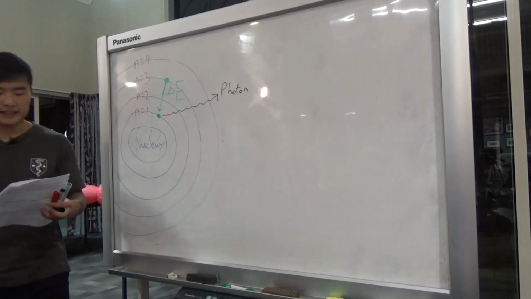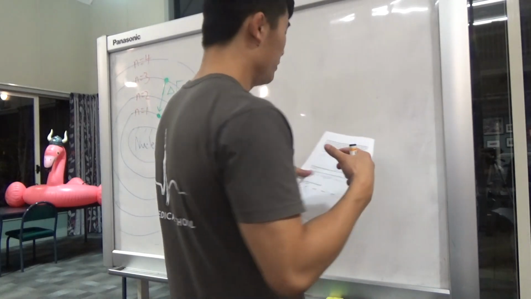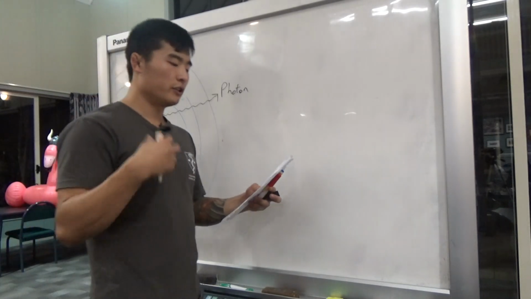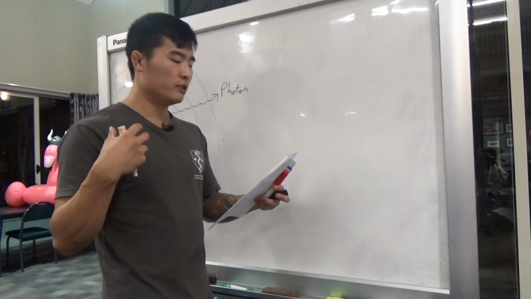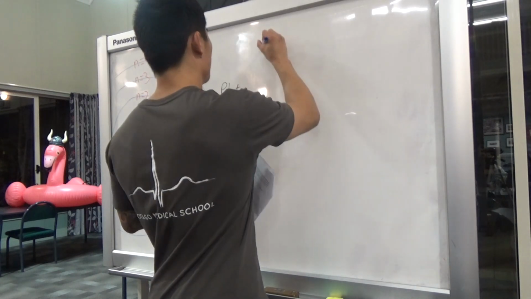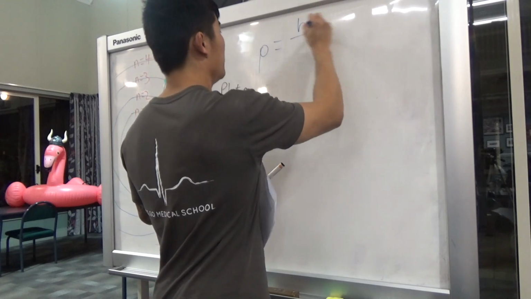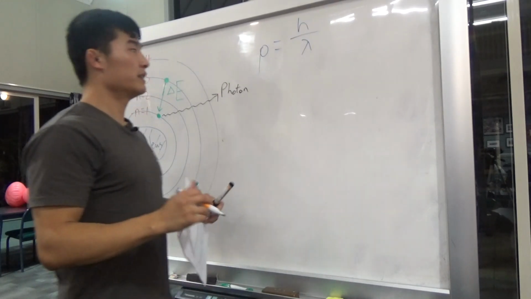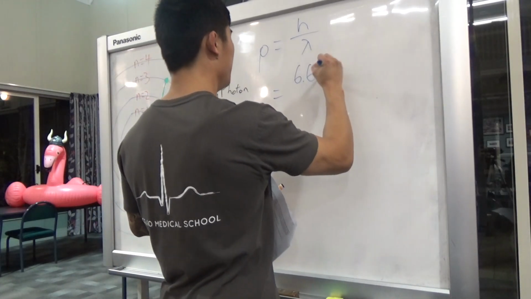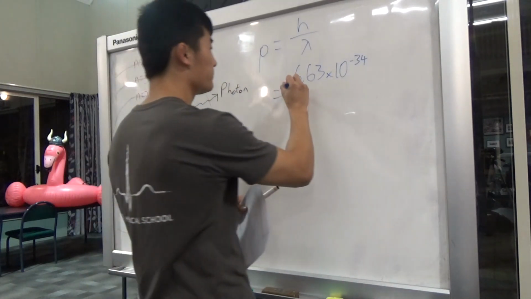Okay, and this time we've been told the wavelength of the photon, and we want to find out the momentum of the emitted photon. So the relationship between momentum and wavelength is this. The momentum P is equal to h divided by the wavelength. Okay, so h is 6.63 times 10 to the negative 34. That's our Planck's constant.